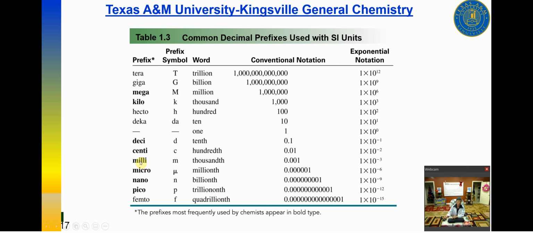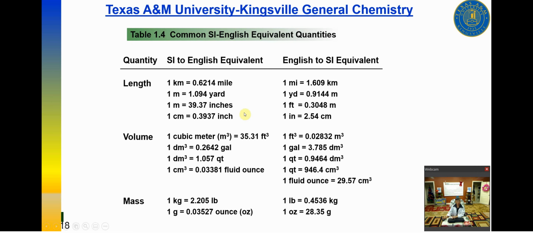If you have milli, meaning thousandth, 10 to the power -3. Nano, meaning billionth, you use a smaller n to represent nano, 10 to the power -9. These important decimal prefixes we also need to know.